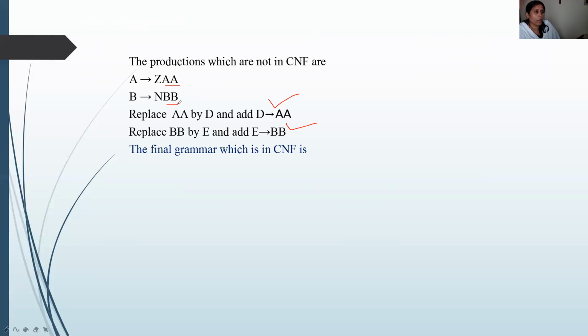The final grammar which is in CNF form: A produces ZAA will be replaced by A produces ZD. The next, B produces NBB, we are replacing BB with E, so we'll get it as NE.